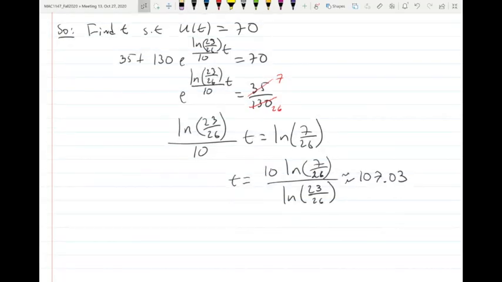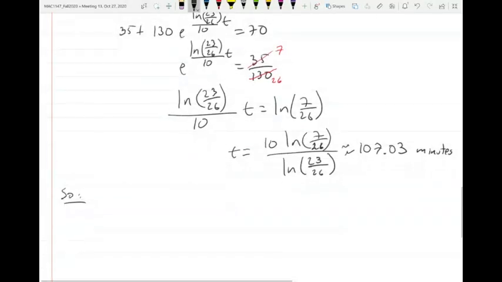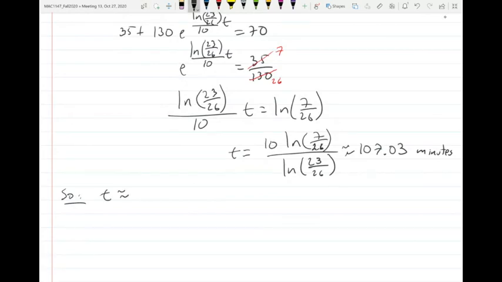Okay, so what does this mean? So remember, this is in minutes. So we need to wait a little bit less than 2 hours, but almost 2 hours, right? So we have to wait 1 hour and 47 minutes if you want to eat the cheesecake. So t is about 107.03 minutes.